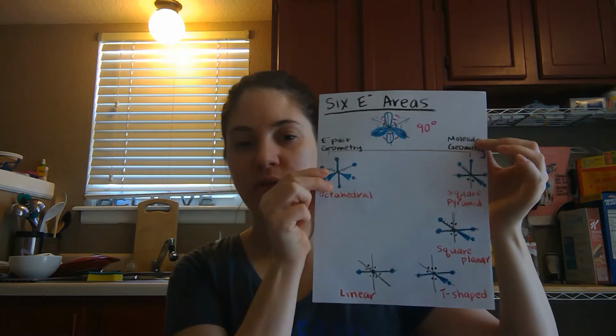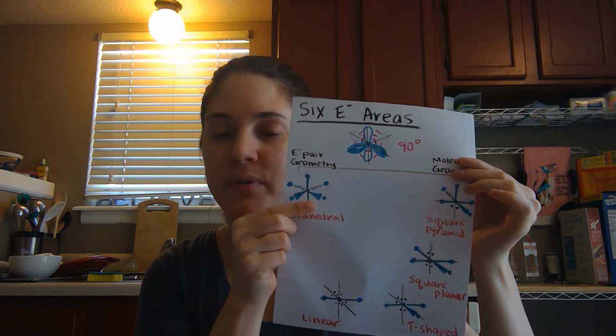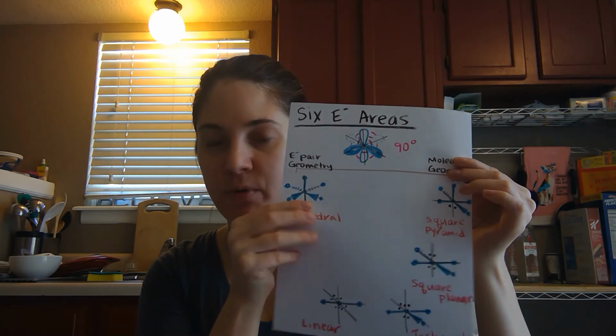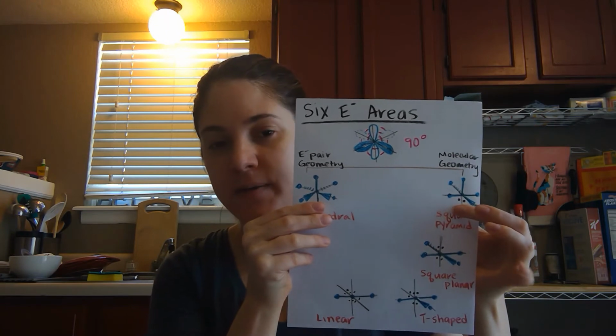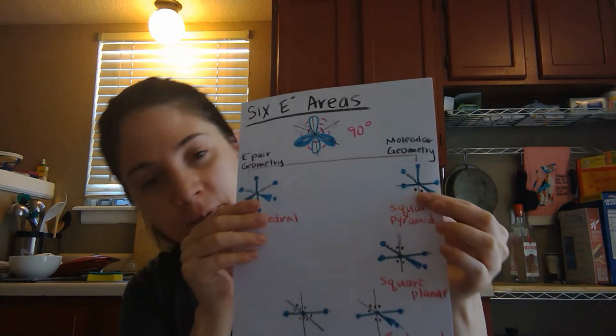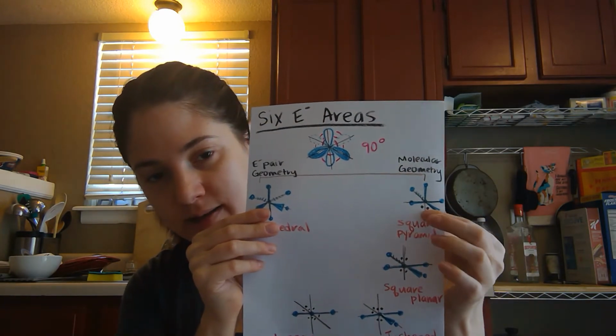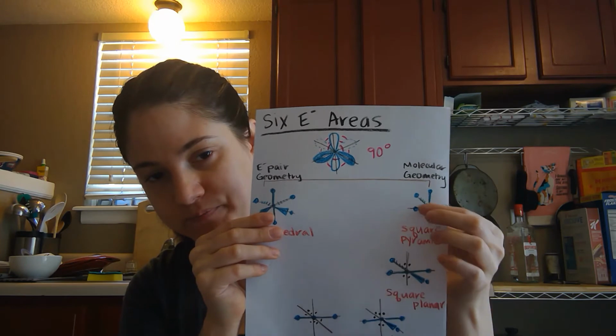Now, going through and replacing bonds with lone pairs, if we replace this bond right here with a lone pair, so now it has 5 bonding areas and 1 lone pair, it will take on this shape, which is called a square pyramid. So that lone pair will be at the bottom.